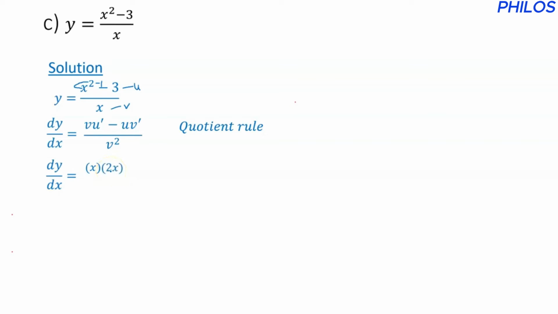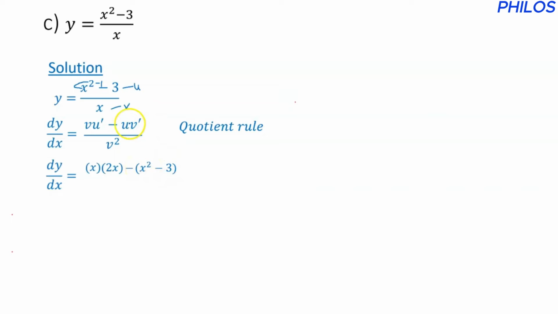Now, the reason it is just 2x is when you differentiate a constant it is 0, so that one is not needed. Then minus u, the numerator, which is x squared minus 3, isn't it? So we substitute it there also, x squared minus 3.